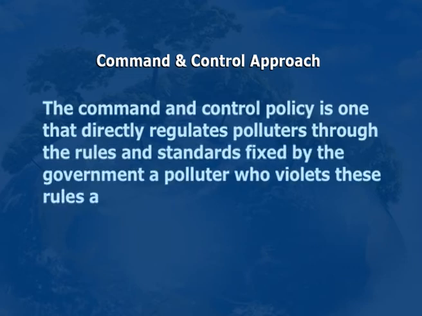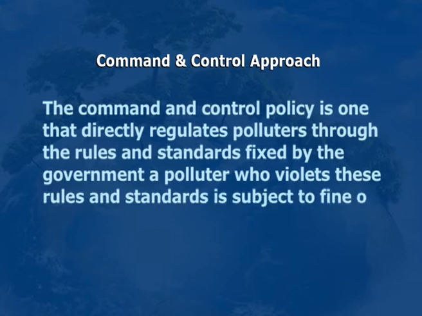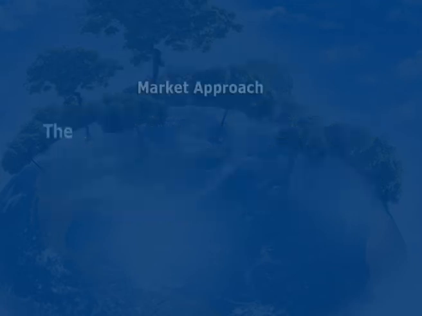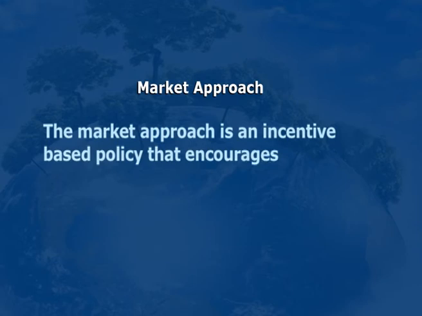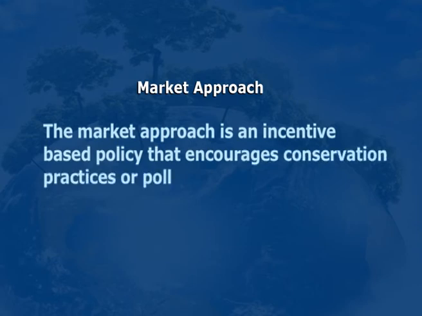A polluter who violates these rules and standards is subject to fine or closure of the unit. The market approach is an incentive-based policy that encourages conservation practices or pollution reduction strategies. There is one more approach that government follows, that is the polluter pays principle. According to this principle, the polluter has to pay the government according to the extent to which he pollutes the environment.